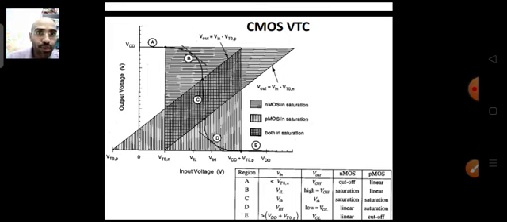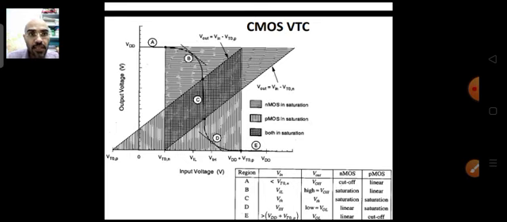Ideally, the noise margin should be equal on the upper side as well as the lower side. So for the ideal case, your VTH should be equal to VDD by 2. If it is VDD by 2, then your VTH should lie in region C, rather than any other region.